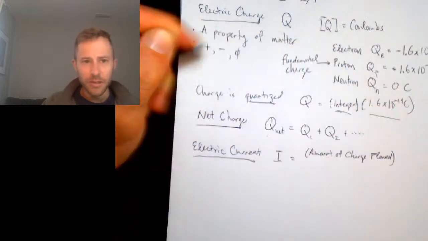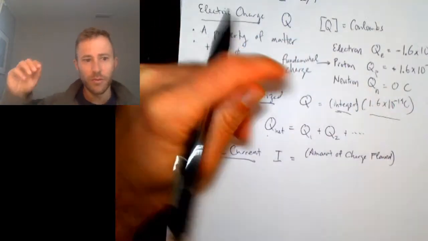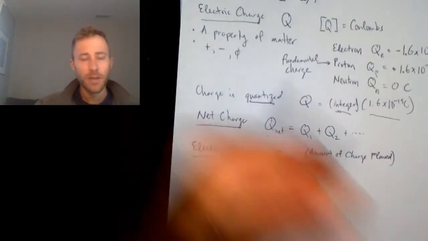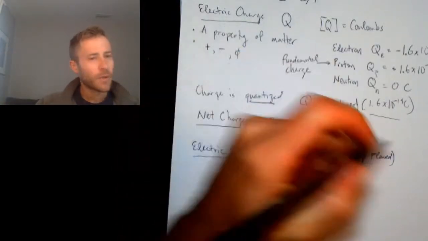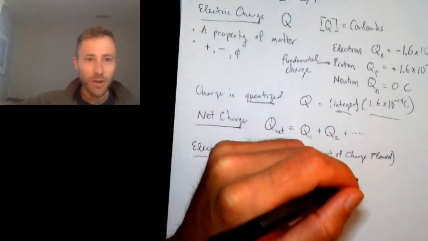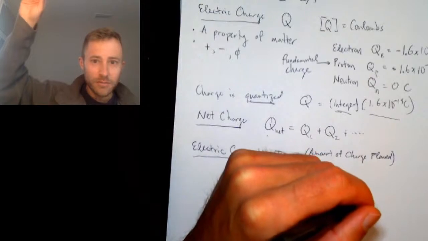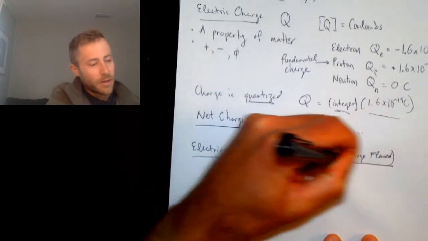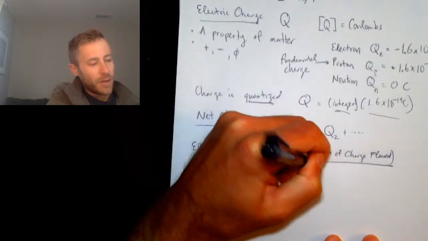That could be down a wire. If you have a wire that's carrying electricity, charge is moving down the wire. Or a lightning strike, where electric charge is moving from the cloud to the ground or from the ground to a cloud. So you have an amount of charge that is flowing divided by the amount of time it took.